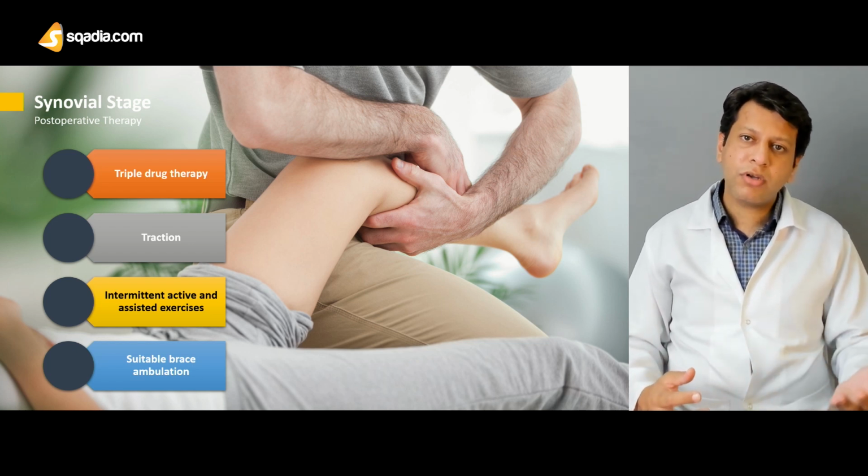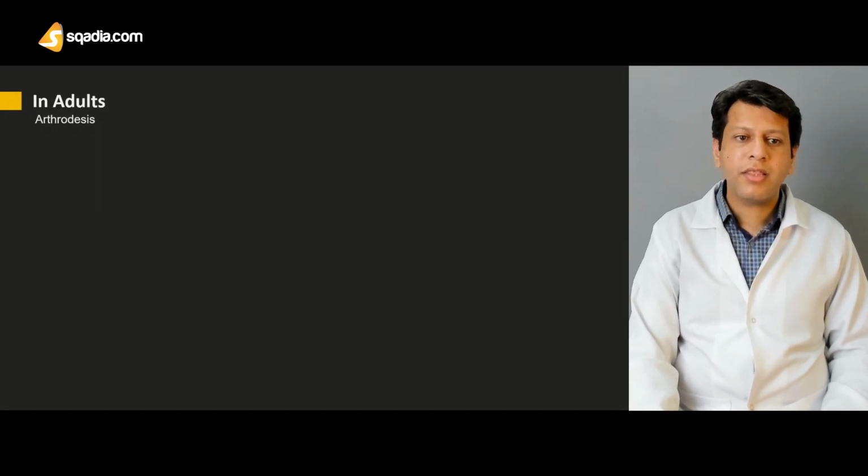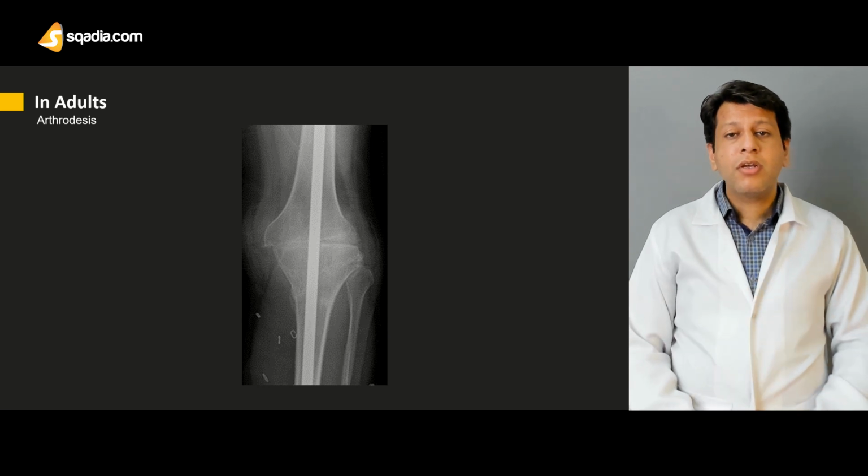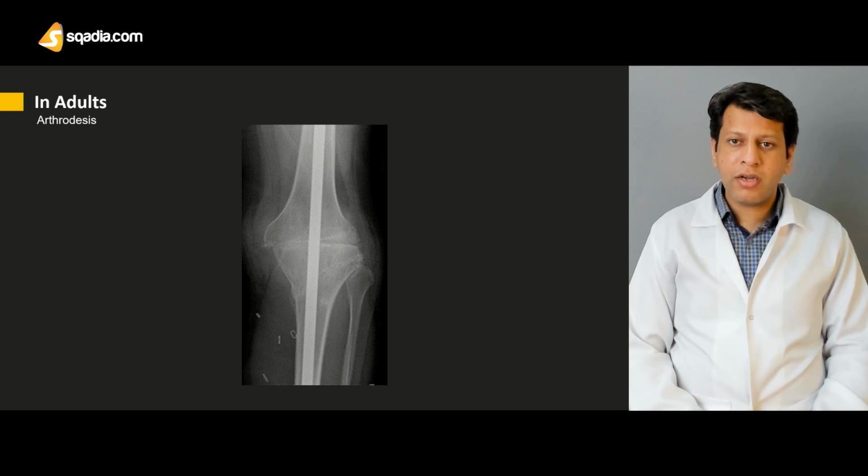But if it has progressed beyond that point, then we have other surgical options as well, and one of the options is arthrodesis, although that's also kind of an old method and usually rarely done.